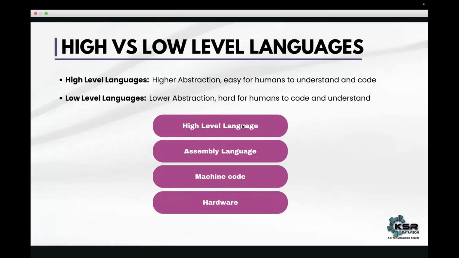That means the makers of Java and Python have provided some abstraction on top of those zeros and ones, so that when you write your code in the grammar they have specified, every language has grammar, we have seen, right? Mostly that grammar will be like English only. It will not be zeros and ones or some other language. So in all high level languages, it will look like if this, do this, do that. It will be in English.